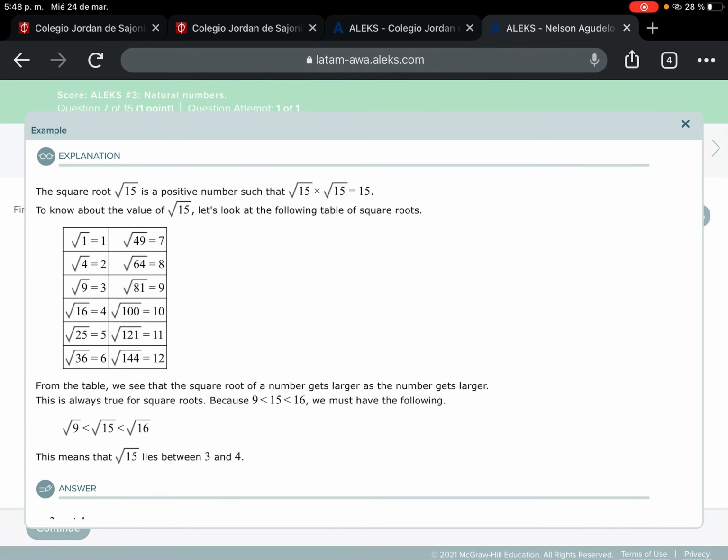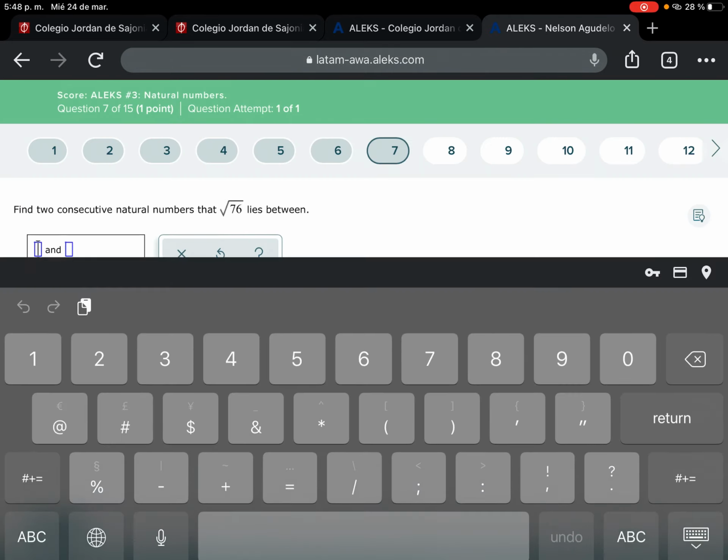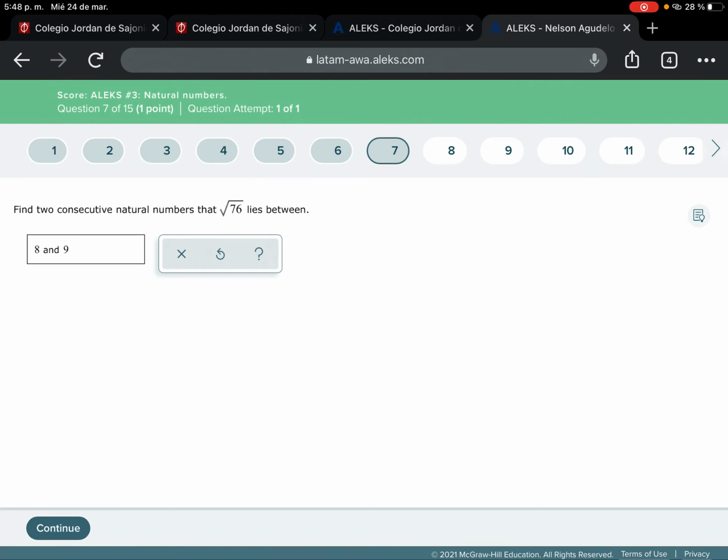So if the square root of 76 is between the square root of 64, which is 8, and the square root of 81, which is 9, then the square root of 76 is between 8 and 9, and that is what we are going to answer. 8 and 9, okay? That's it.